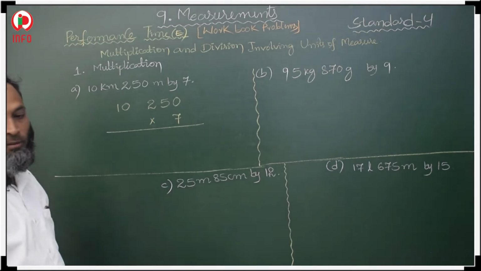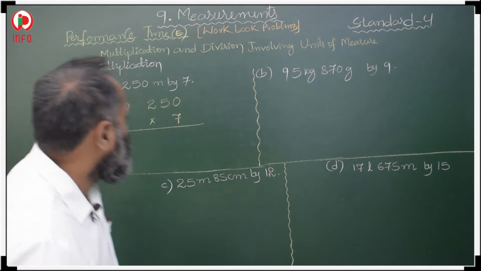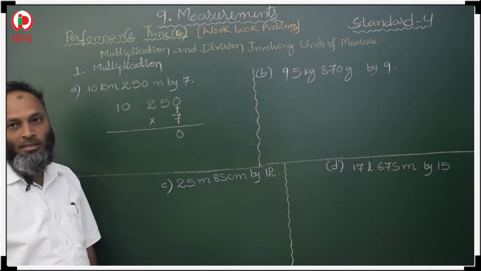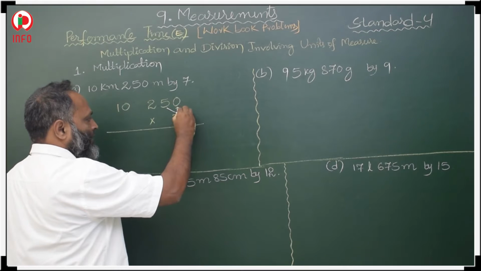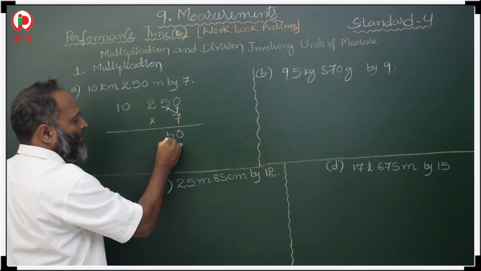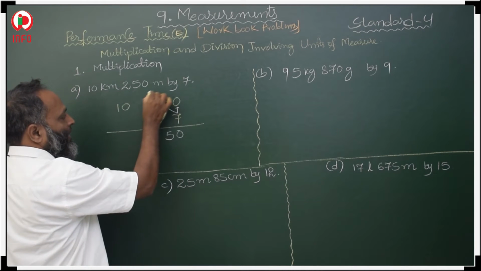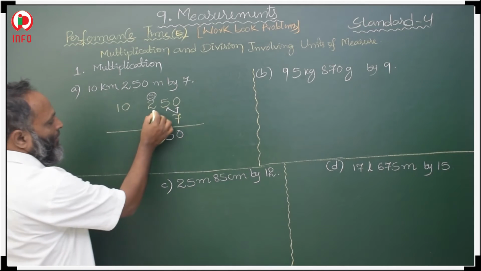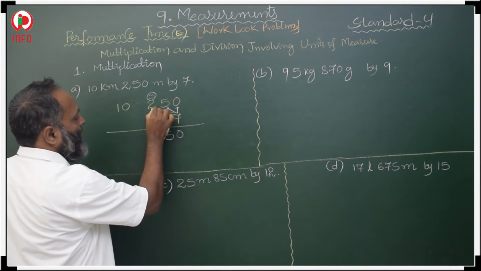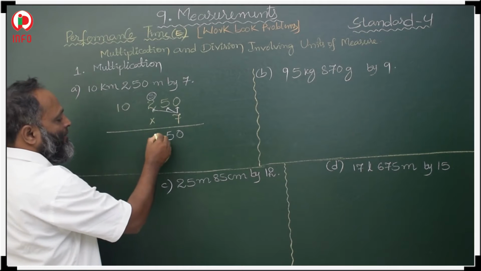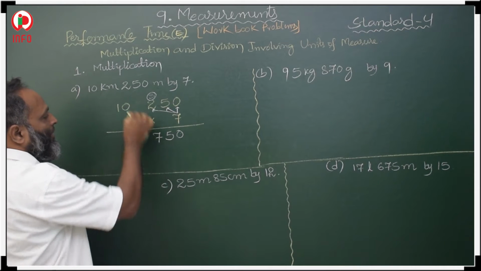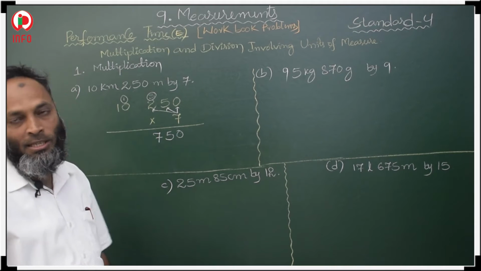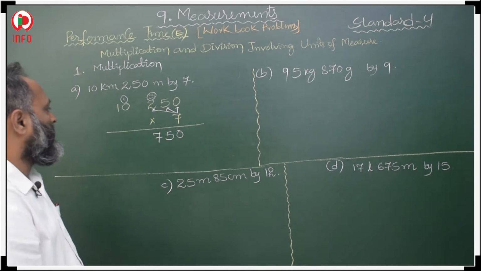Now we multiply with 7. So first 7 with 0, 7 zeros are 0, that you take in ones place. Then 7 fives are 35, 35 means 5 in tens place and 3 we should take carry over on hundreds place of a meter. Now 7 twos are 14, 14 plus 3 is 17. 7 and 1 we should take carry over on next digit of a kilometer, that is ones digit of a kilometer.